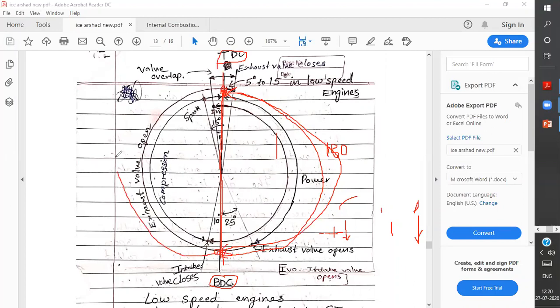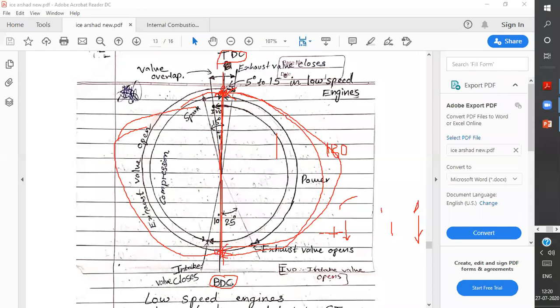Then there will be a compression. The piston will move and try to reach the top. After the total 180 degree rotation is completed, the crankshaft is rotating and the piston is moving from BDC to TDC, and the spark plug gets ignited.